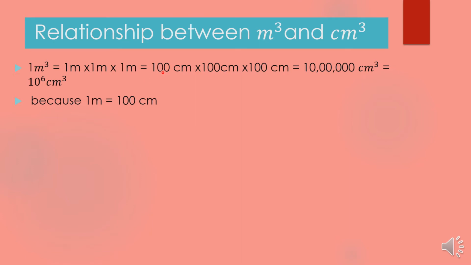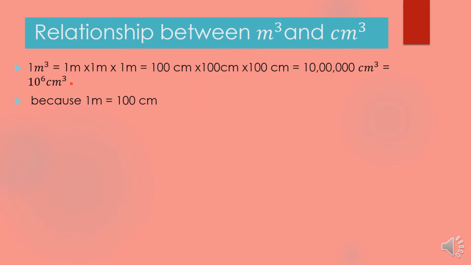Count them: 1, 2, 3, 4, 5, 6. And how many times does centimeter come? 3 times. So we are writing it as 10 lakh centimeter cube, 10 raised to the power 6 centimeter cube.